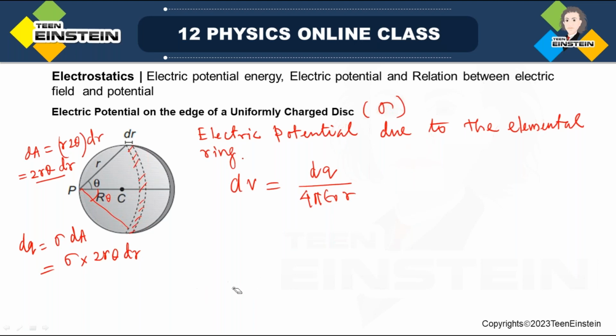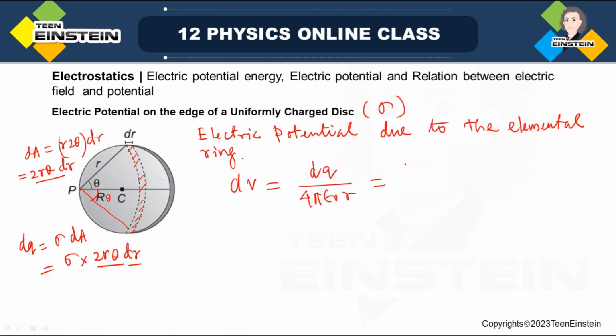Here we are doing it for a thin disc, so you take this strip as a rectangular strip and write length into breadth. That is what I have done here, so I have got dq.